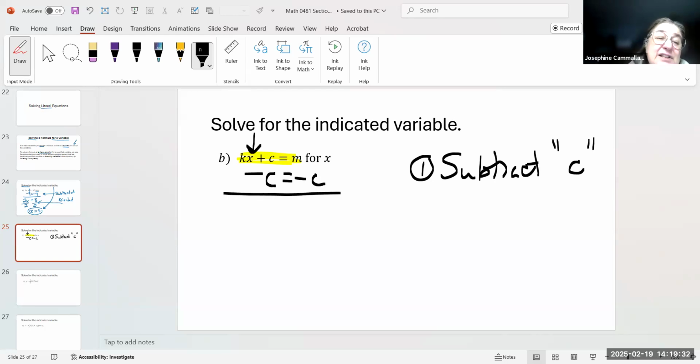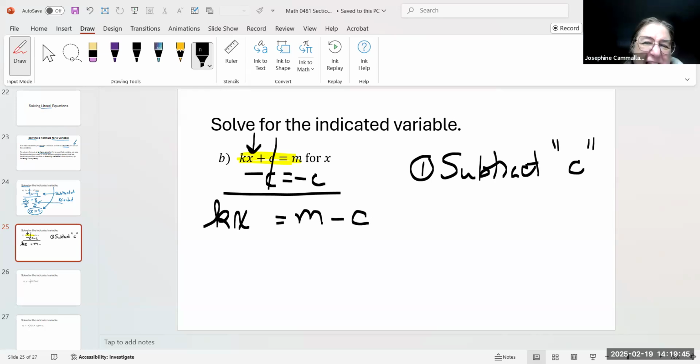Now, this is going to give me kx. This is going to cancel. But now this is a little different. This is m minus c. I'm showing the subtraction. And if you remember, the next step was to divide.